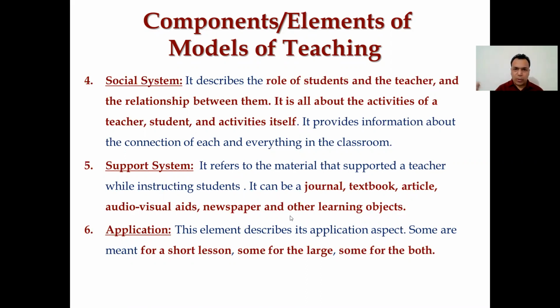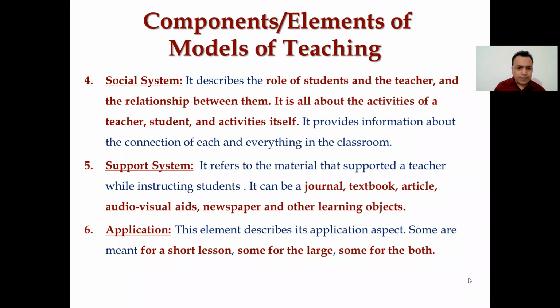Support system refers to the material that supports a teacher while instructing students. It can be journals, textbooks, articles, audiovisual aids, newspapers, and other learning objects, right? So we have to use the teaching aids that this support system is talking about.